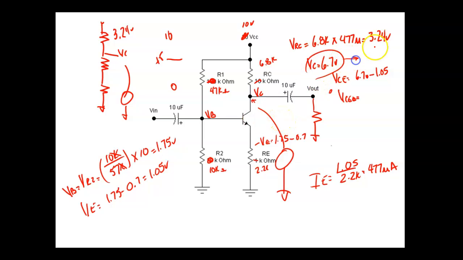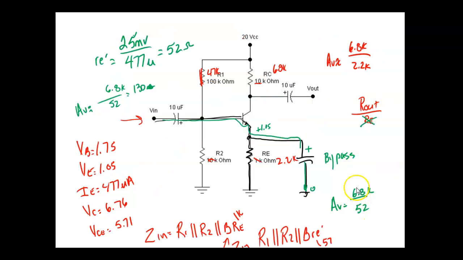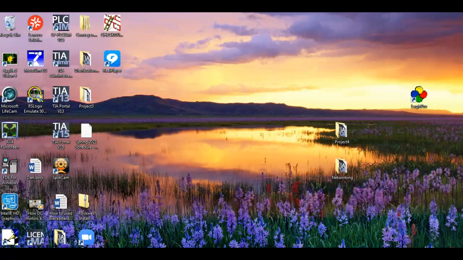We want to get it close to 5 volts, because the output is developed right there on the transistor. So let's look at the beta for a 3904, which is what we're using. I'm going to bring up the data sheet.